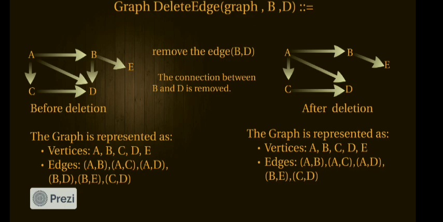We can see this by using the before deletion and after deletion graphs. After deleting the edge B, D, the connection between B and D is removed and the number of edges is reduced by 1. The edges are A, B, A, C, A, D, B, E and C, D, where B, D will be deleted.